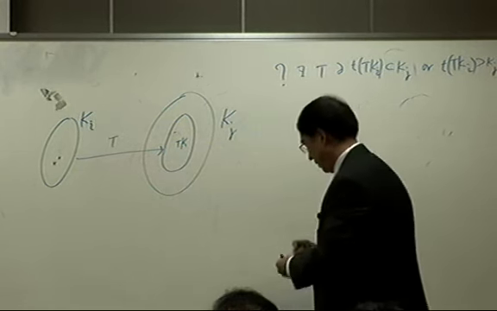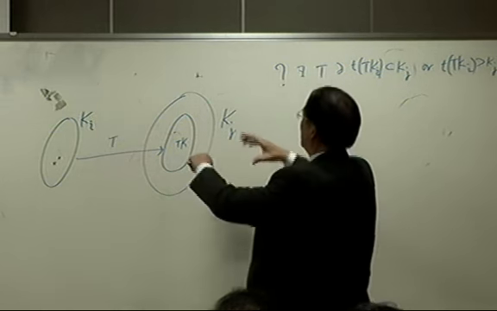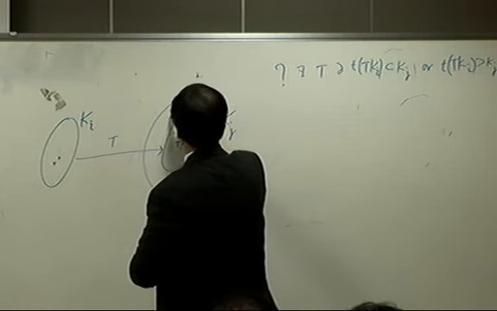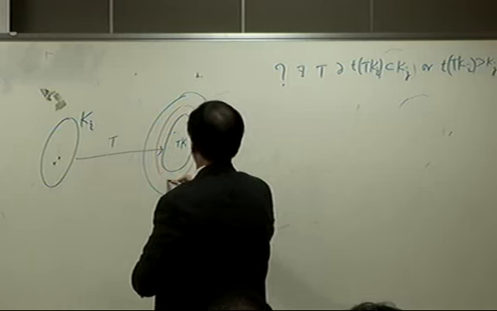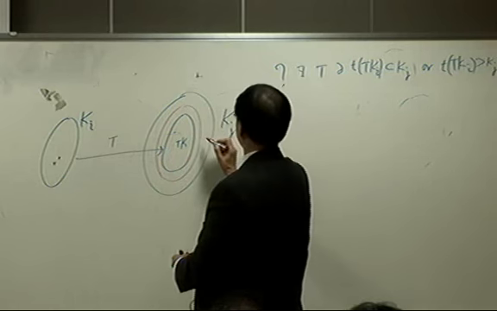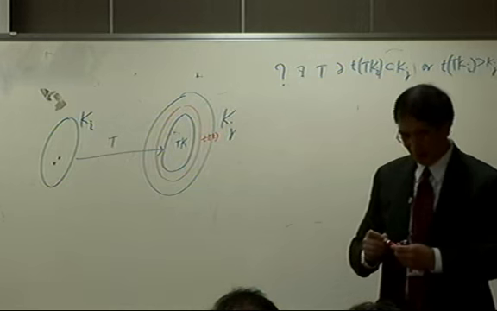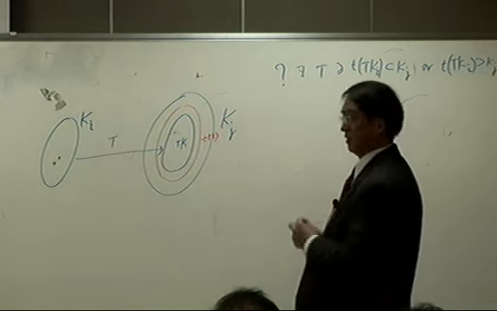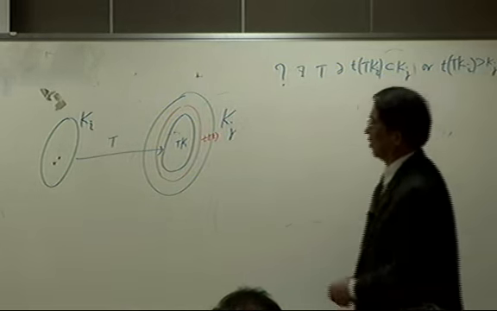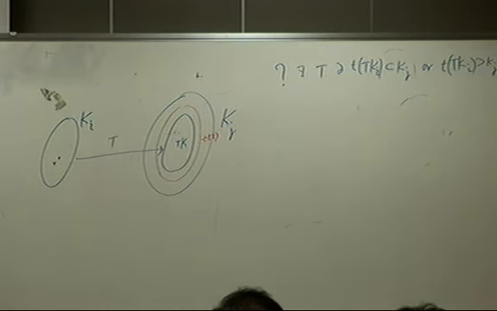A dilation, maybe this one. This is a T, capital K. This is inside. So we want to find those T.